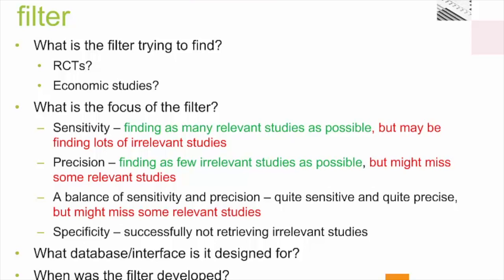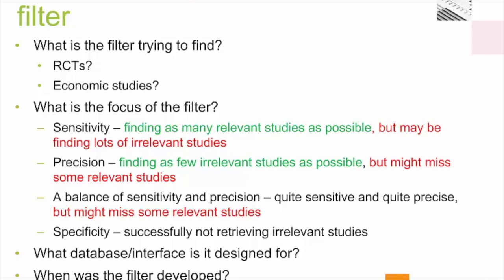And then what is the focus of the filter? And usually the authors, especially of filters written today, should be really clear about what they were trying to achieve with their filter.